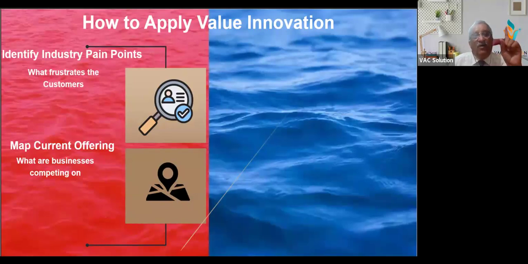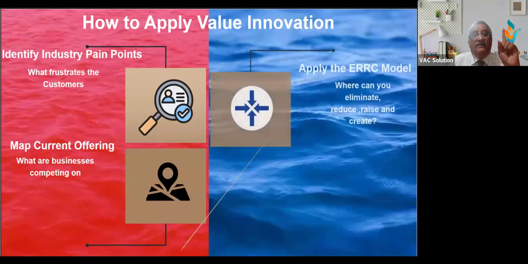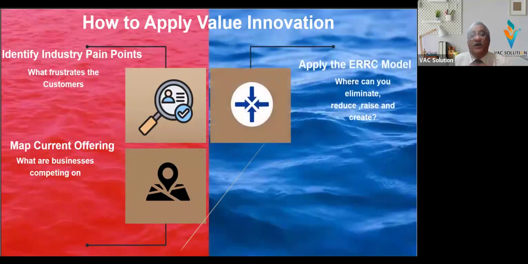Identify that, because that is what you need to overcome. Third, apply the ERRC model where you can eliminate, reduce, raise, and create. Once you have identified the pain points that frustrate the customer, you know what to raise. When you map what the businesses are competing on and the current offering, you know what to create.